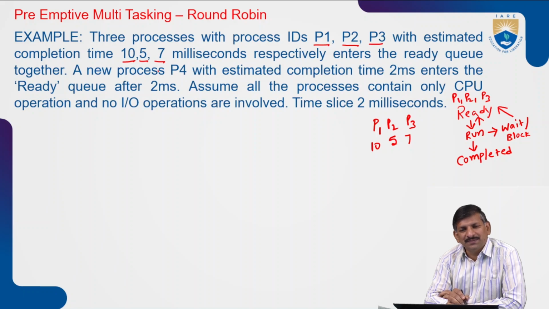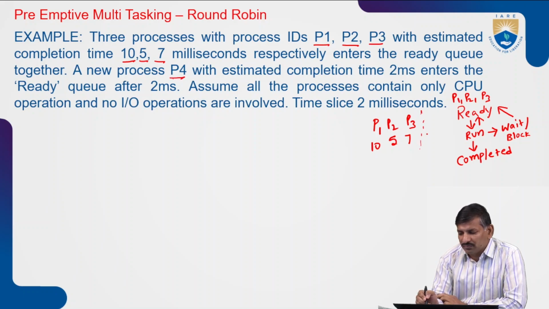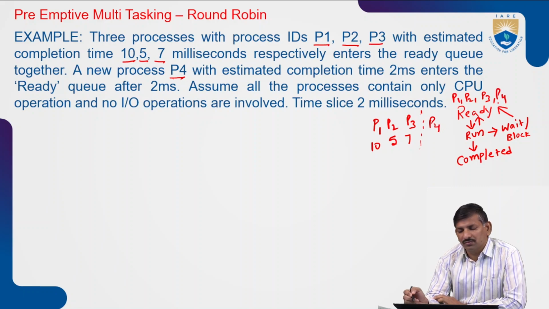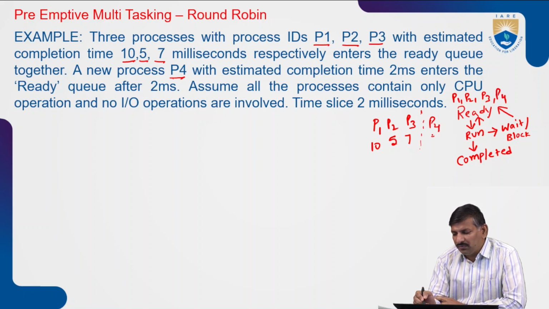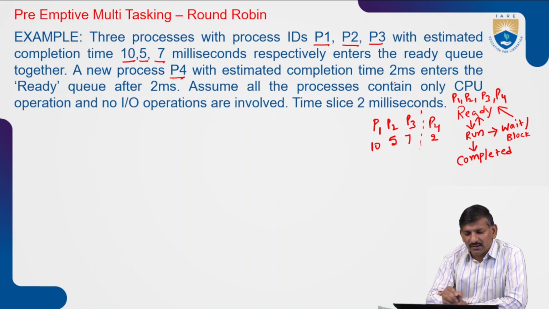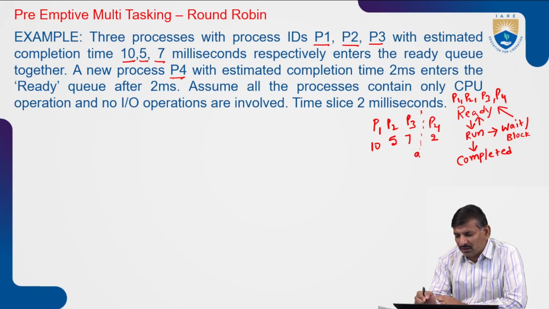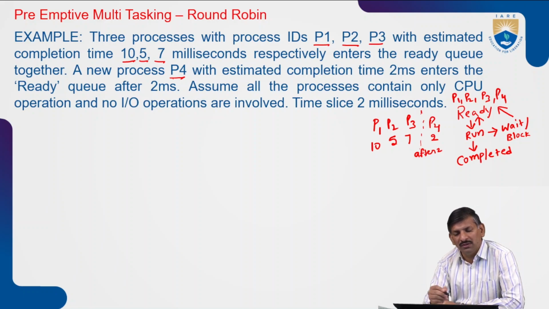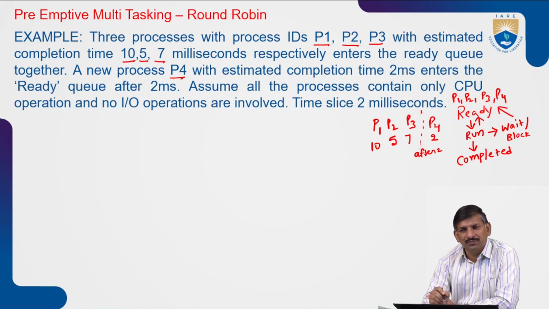A new process P4 with an estimated time of 2 milliseconds enters the ready queue after 2 milliseconds of execution. That means after execution starts, 2 milliseconds later it enters the ready queue.